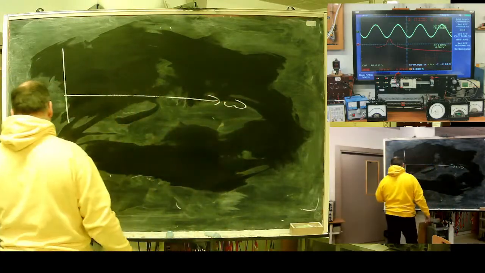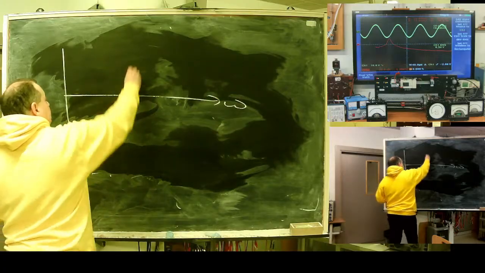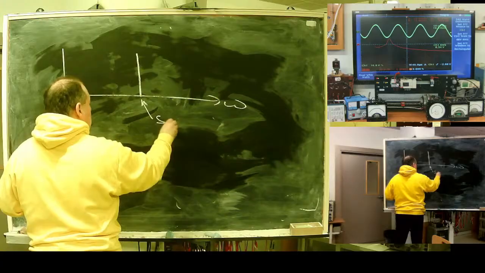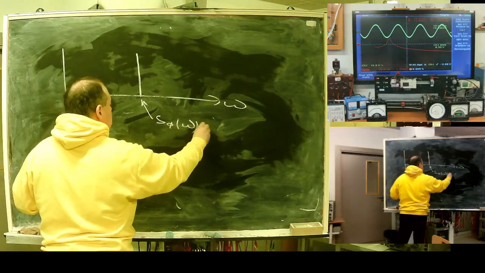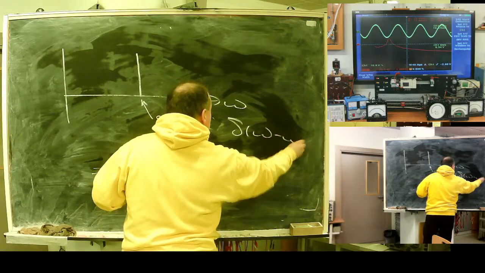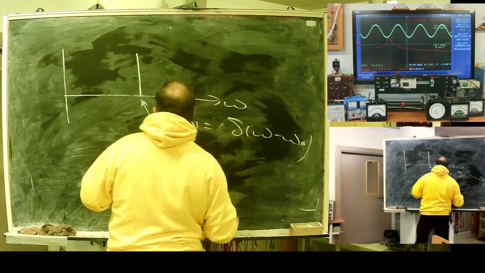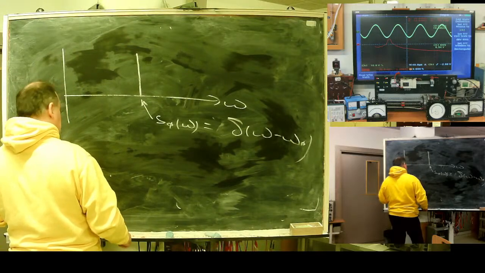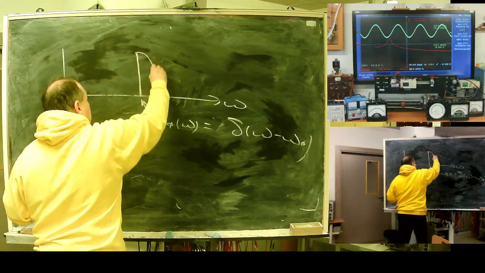In theory, we should have this: zero from frequency, an actual delta function at omega 0. This is what should be. We got something different.